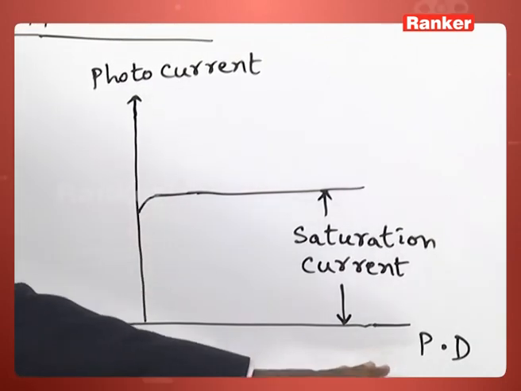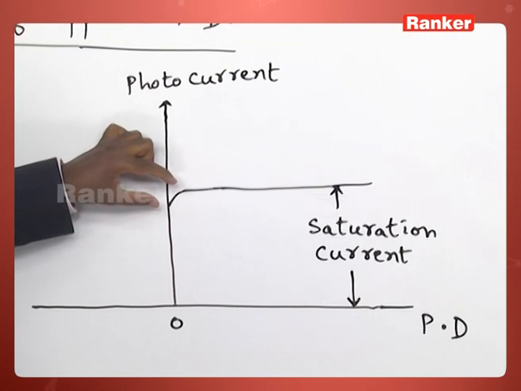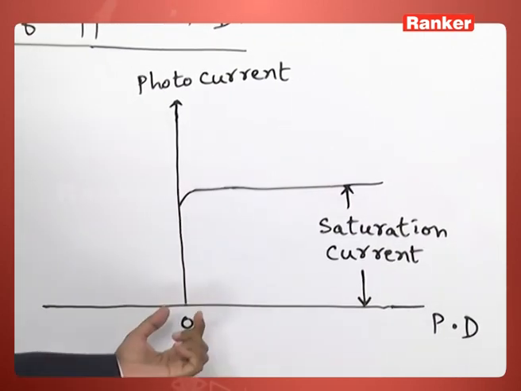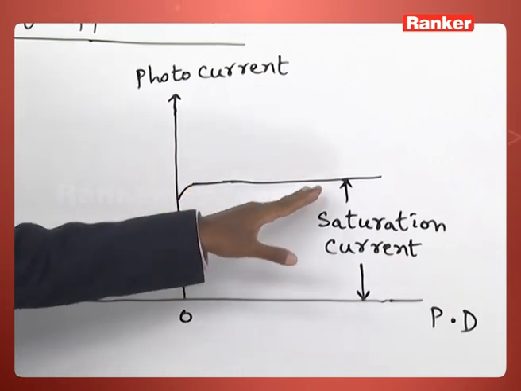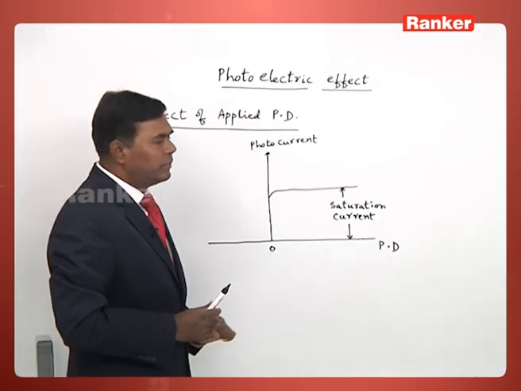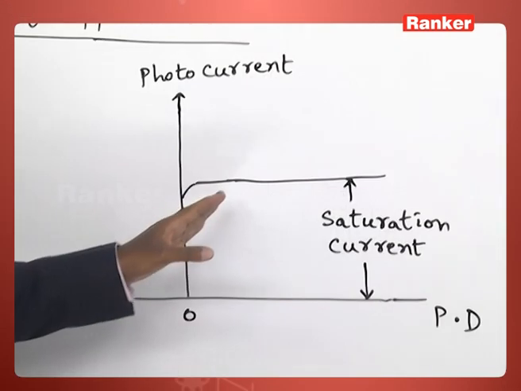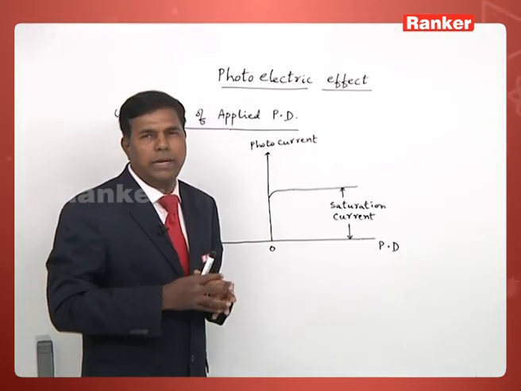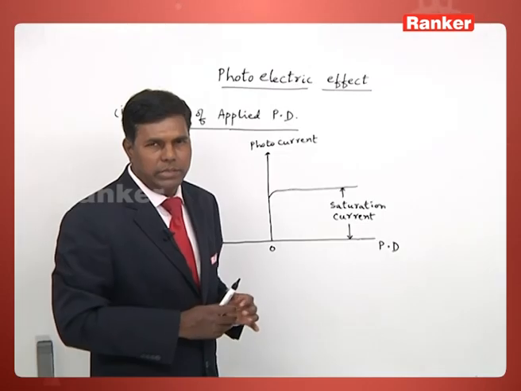Photocurrent is independent of the applied potential difference, except for a very small change in the initial values. Beyond that, photocurrent fairly remains constant, and this value is known as saturation current. That is the maximum value of photocurrent obtained in this experiment.